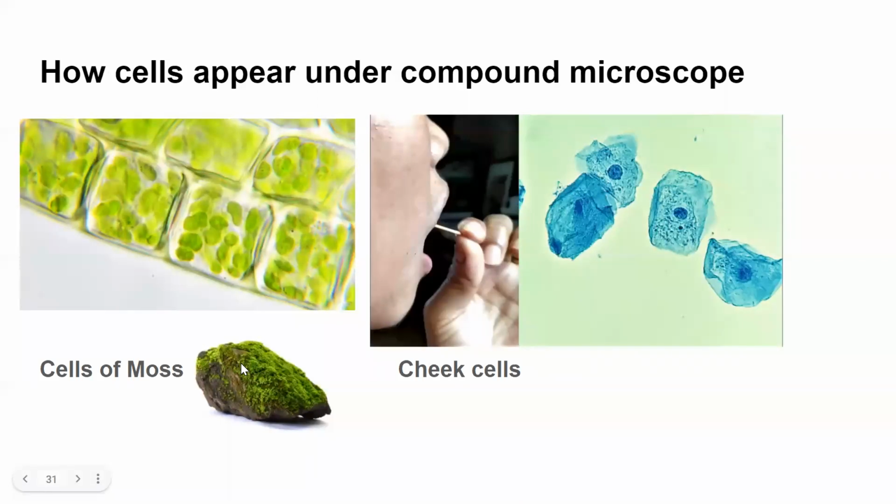So a tiny pinch of moss was taken and dipped in a drop of water and seen under the microscope, and you can see individual cells in the stem of a moss loaded with chloroplasts. You can also see the cell wall, very thick. And because of the cell wall, the shape of the moss cells is very particular, very rigid. They are not shapeless.